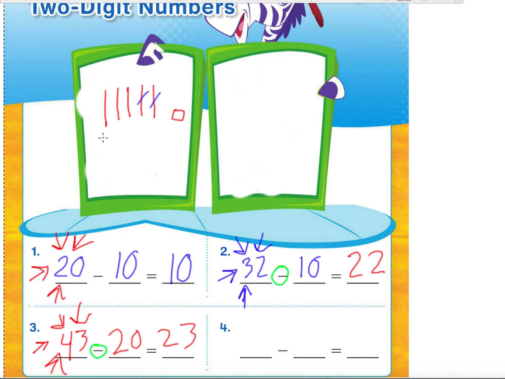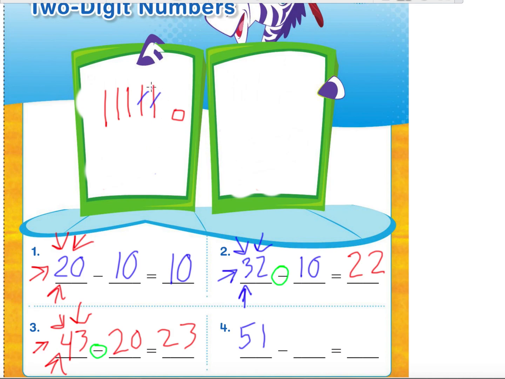So let's count the entire thing first. 10, 20, 30, 40, 50, 51. So our total number is 51. That's what's going in our first space. Now we're going to look at how many they took away.